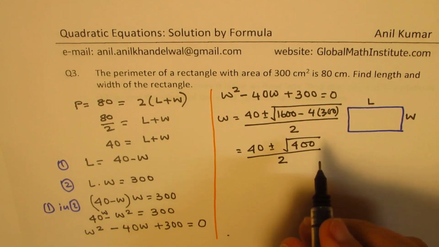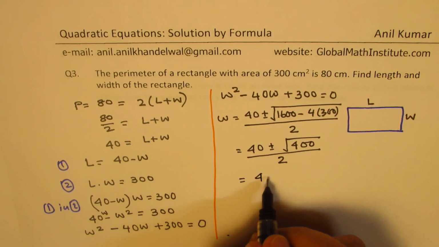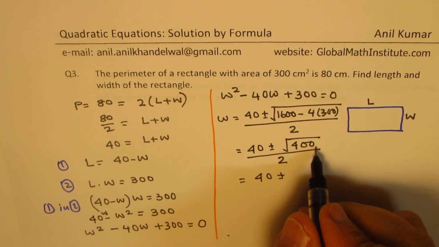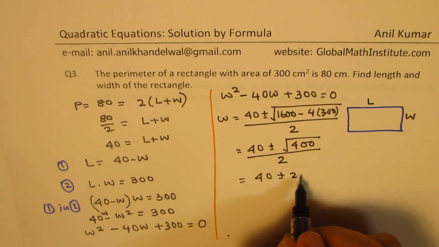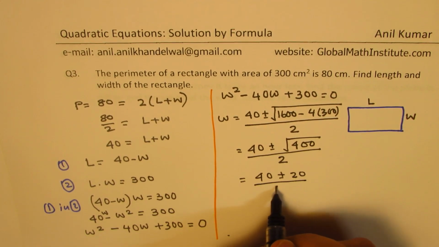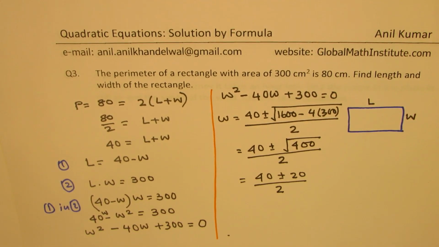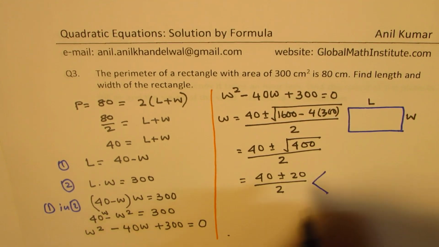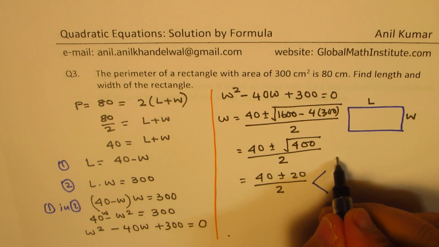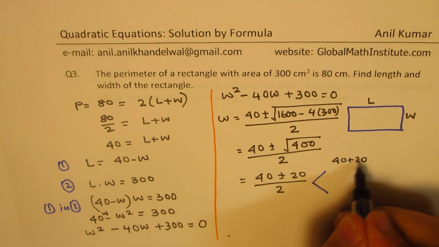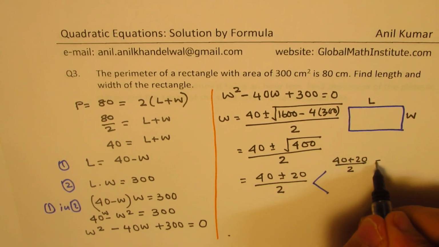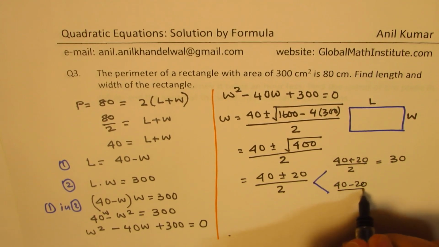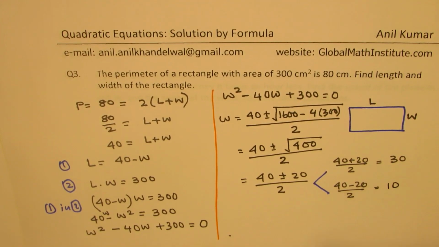So from here we get our result, which is 40 plus minus square root of 400, which is 20, over 2. So that gives us two solutions. One is 40 plus 20 by 2, which is 30. The other is 40 minus 20 by 2, which is 10.